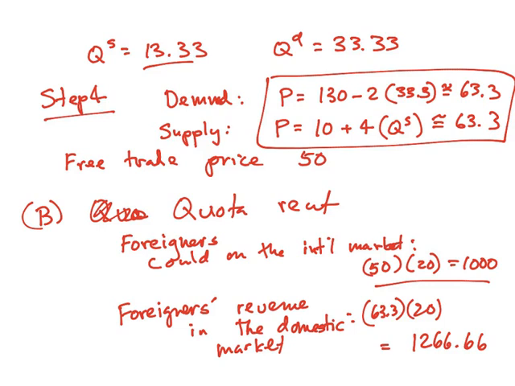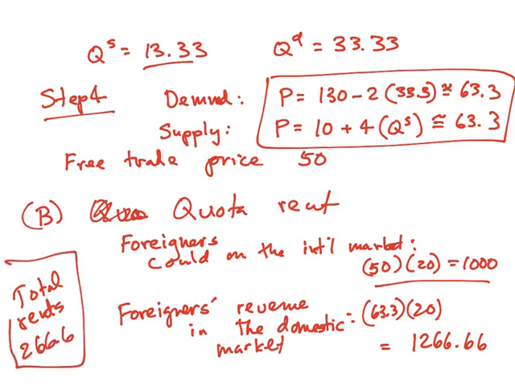So the rents, total rents, are $266.6. If they can get into this protected market without paying any kind of fee for a license, they have rents associated with this.